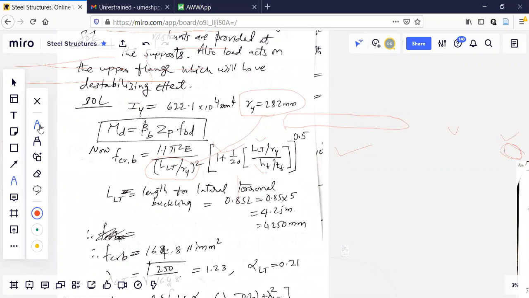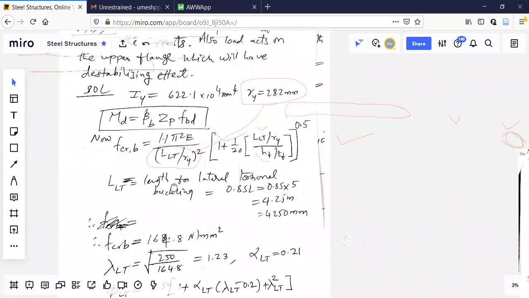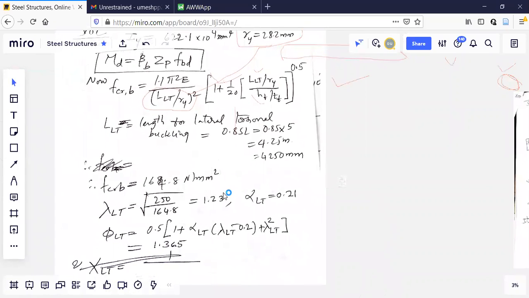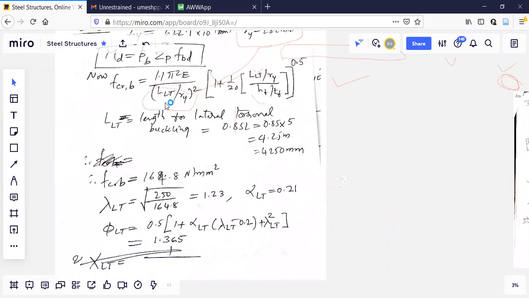I'll show that. Once you calculate this number here, which is f_cr,b, now this is 164.8. This value has come 164.8.